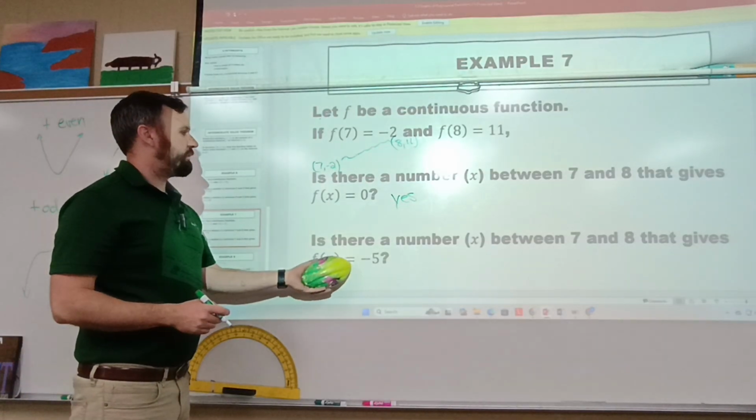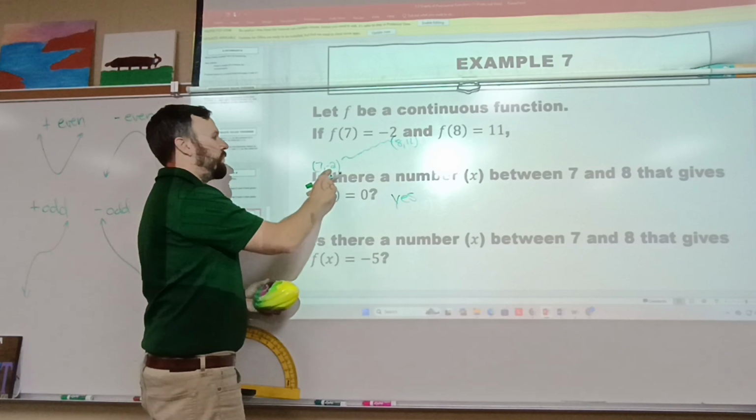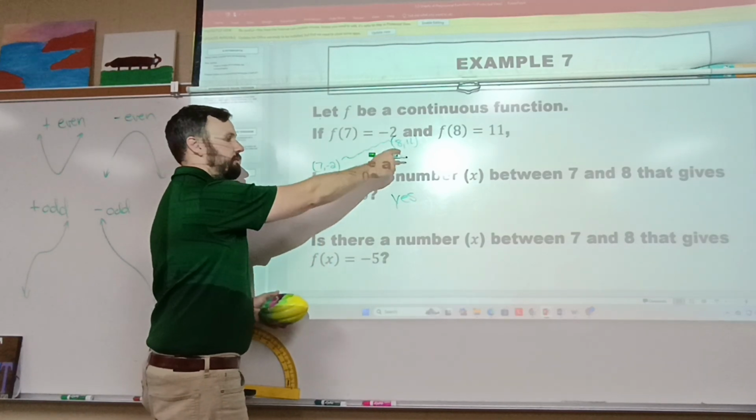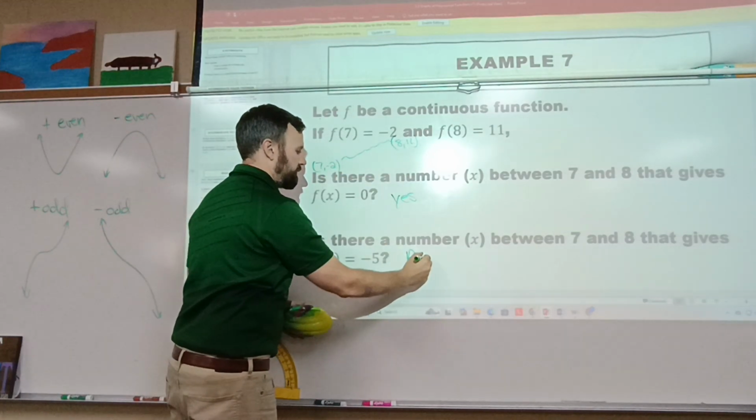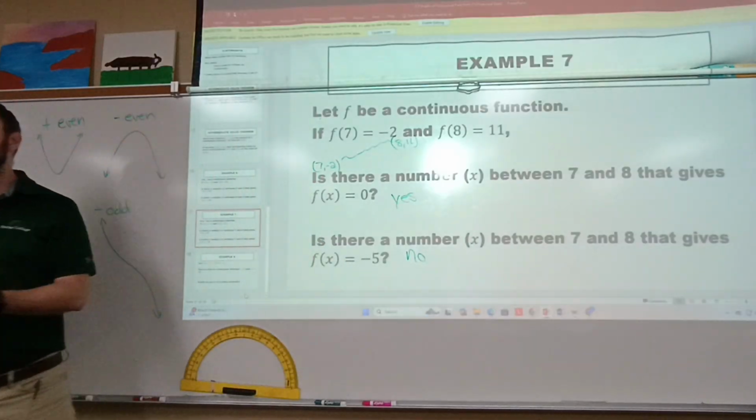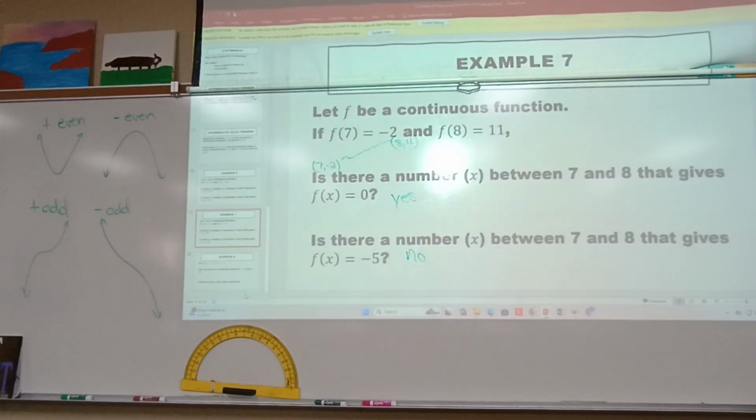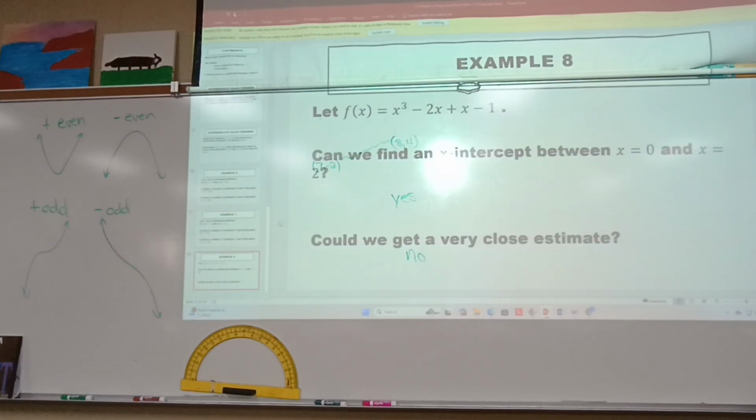Will there be a number, or is there a way that we can get -5? No, because -5 is less than -2. Could we have a point that reaches it? Yes, but we cannot guarantee it. This is actually some theoretical stuff.